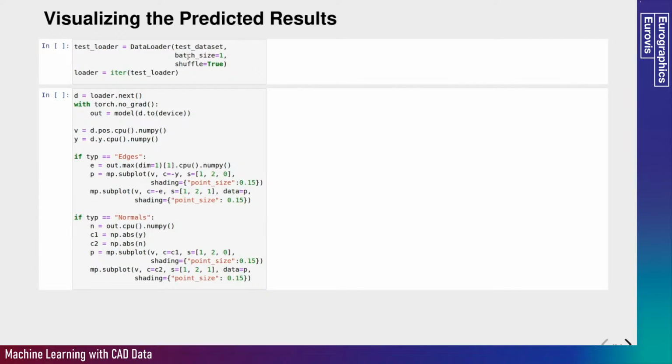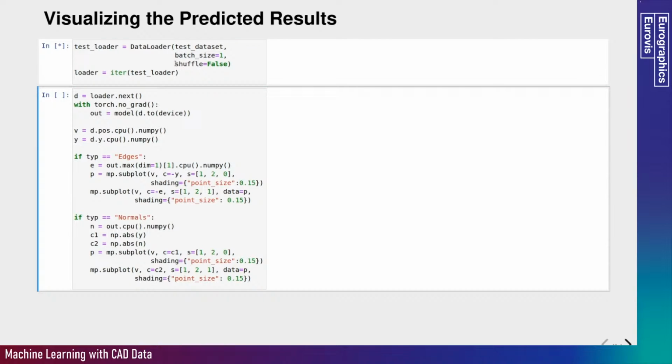Let's also do the same evaluation for our sharp edge detection network. So again, we define a data loader on the test data set. In this example, we set shuffle to false to be able to access the same model that I've shown all over the tutorial, and the batch size again is set to 1 to make it estimate the results faster.